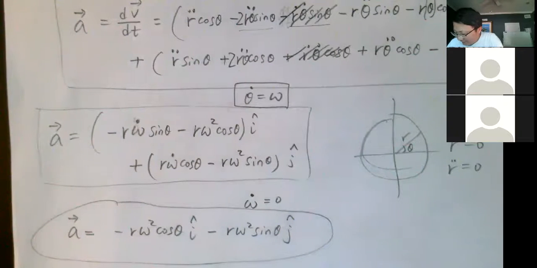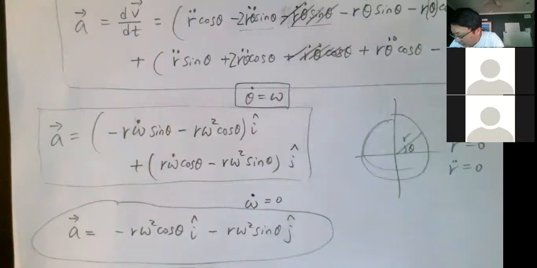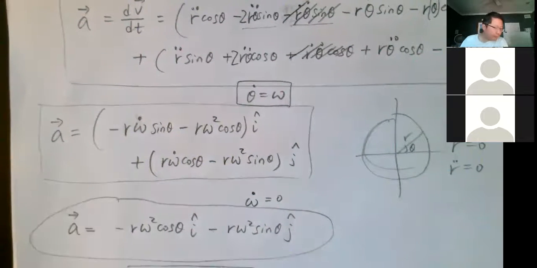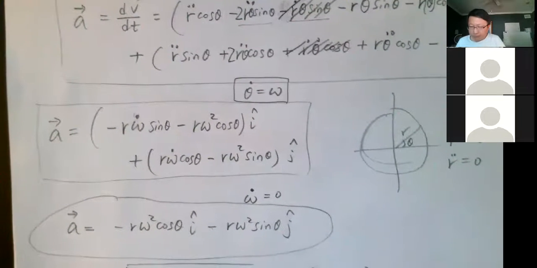So what's this? Well, of course, A amplitude equals the square root of this guy square plus this guy square. You can very easily prove that it equals r omega square. Oh, omega square r, whatever.